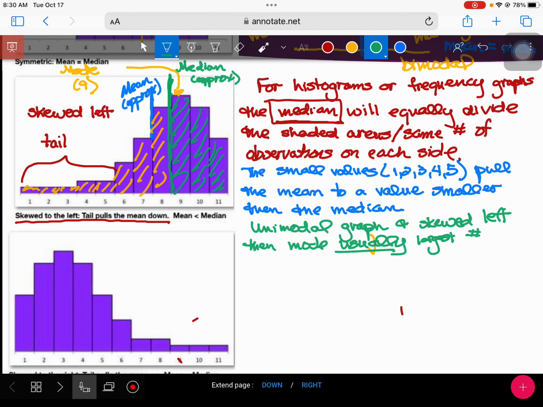Okay? So you would have the mean is less than the median, which is less than the mode, which is what you see here. Yes, Chris? What's the underlying word say? Usually. It's usually the largest.